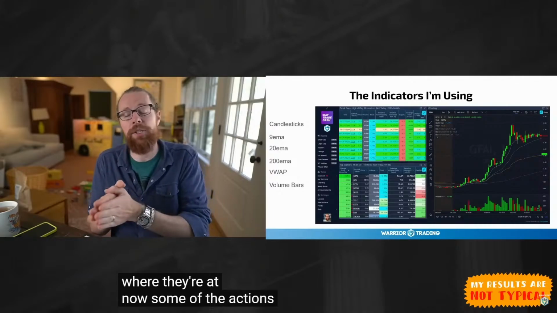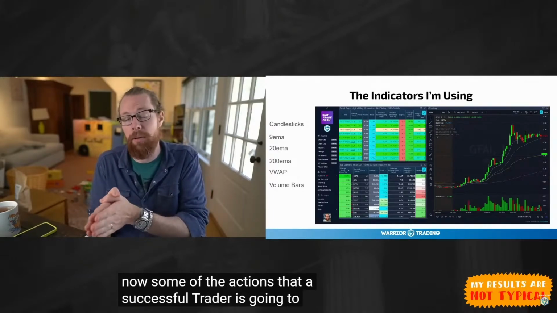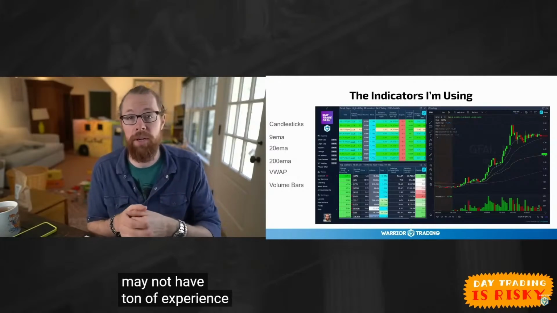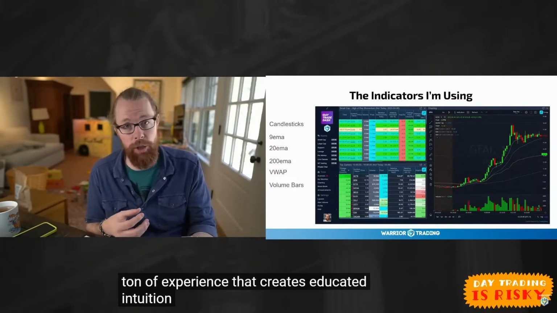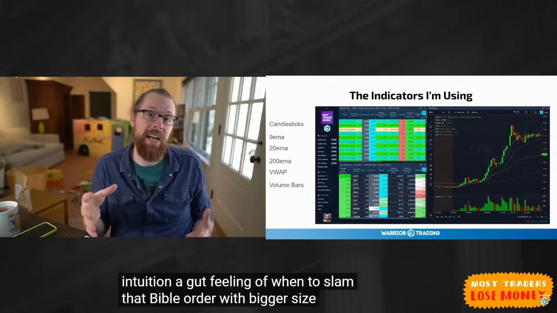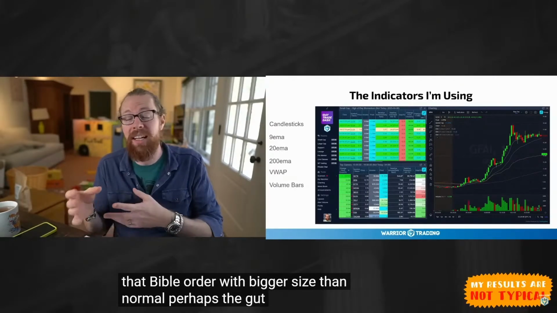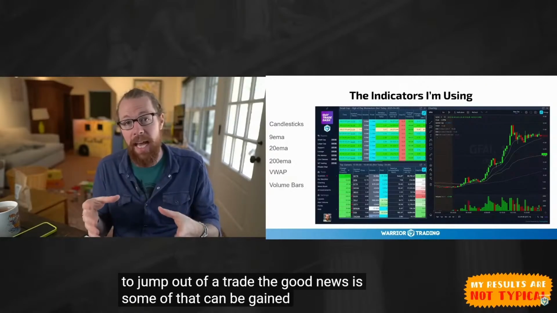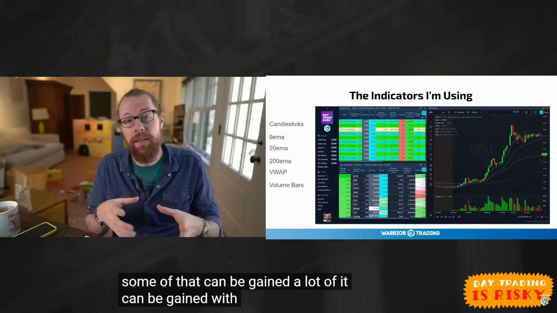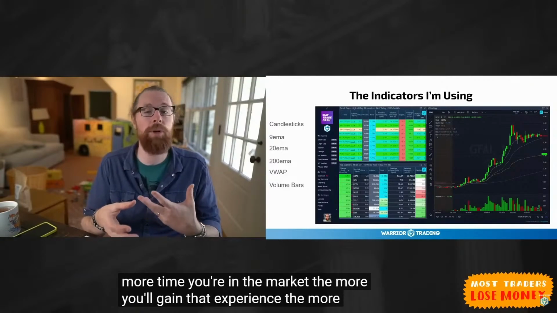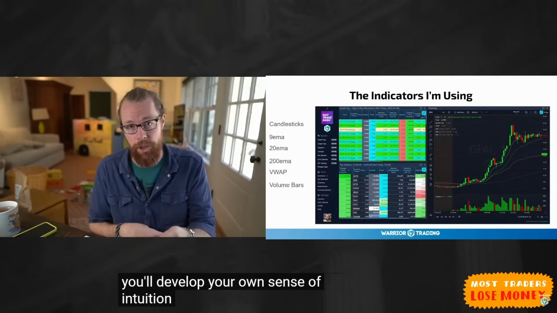Now, some of the actions that a successful trader is going to be able to take will be based on things that you may not have. A ton of experience that creates educated intuition, a gut feeling of when to slam that buy order with bigger size than normal. Perhaps the gut intuition of when to jump out of a trade. The good news is a lot of it can be gained with experience. So the more time you're in the market, the more you'll develop your own sense of intuition.